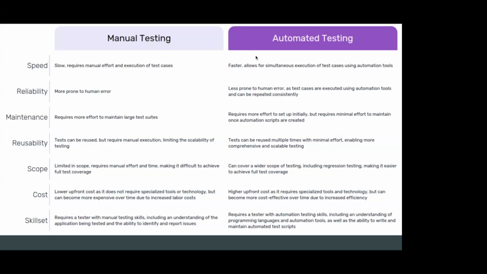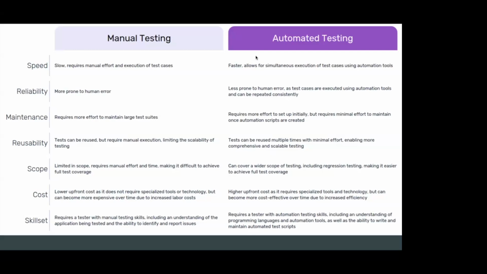So there can be transcription errors, there can be errors when setting up the test cases, and so many other mistakes can be made along the process. But for automated testing, it is less prone to human error, and the test cases, when defined, they tend to stay fixed.